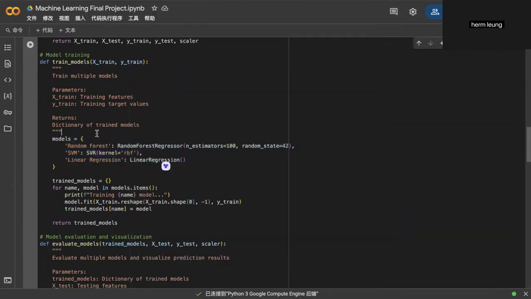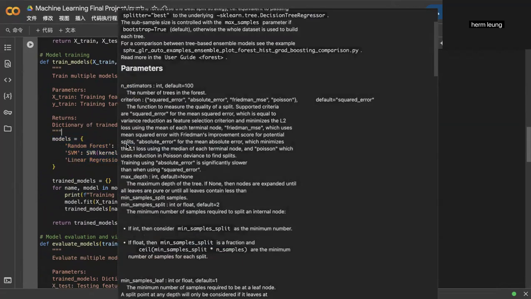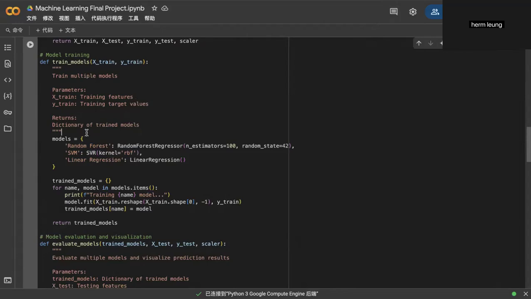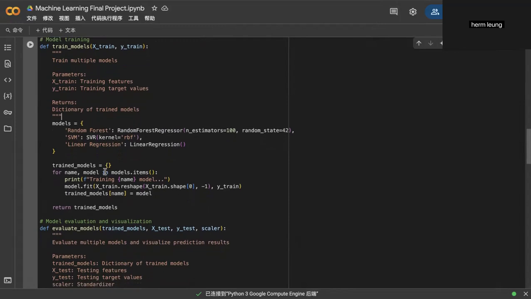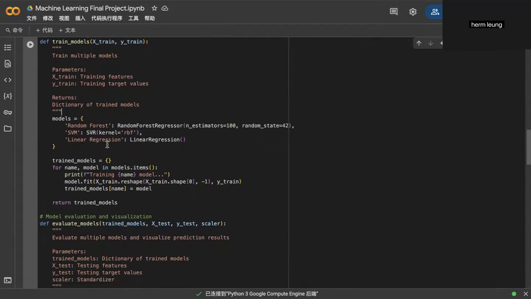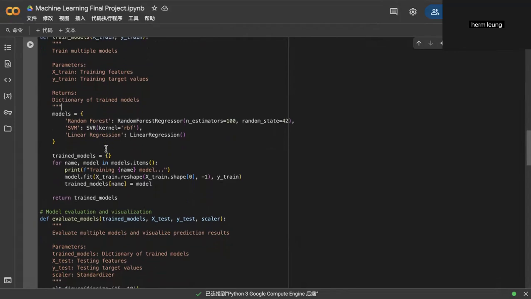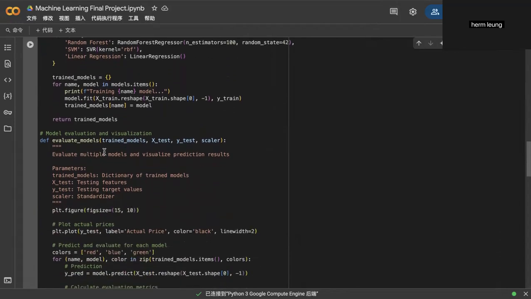The random forest uses many decision trees together. The SVM, which is a support vector machine, is good for finding complex patterns. The linear regression, which is a simple and basic method. All the methods were trained on the same data and tested to see how well they worked.